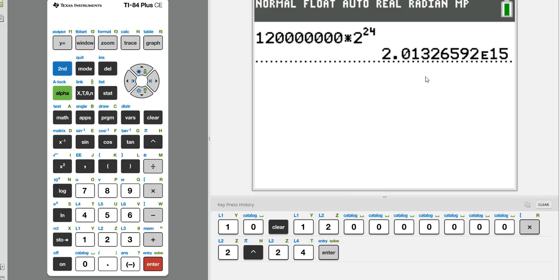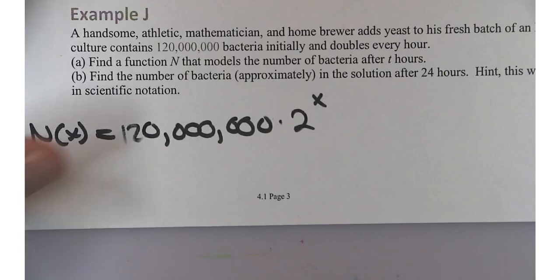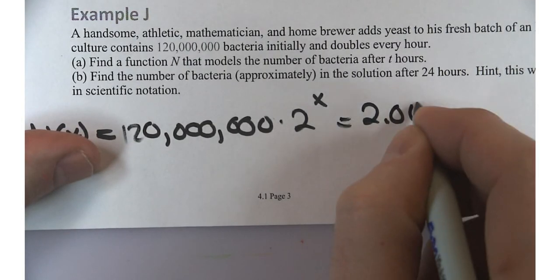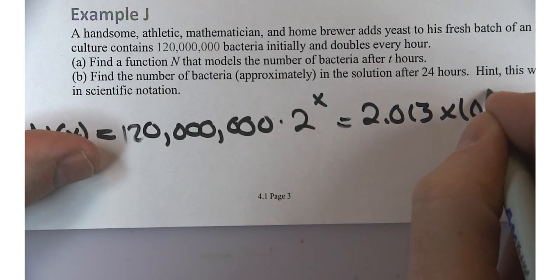So, wow. I'm thinking that they're going to run out of food before they get to that level. But if this level continued, unabated, then this is how many bacteria or yeast cells you would have. 2.013 times 10 to the 15th.